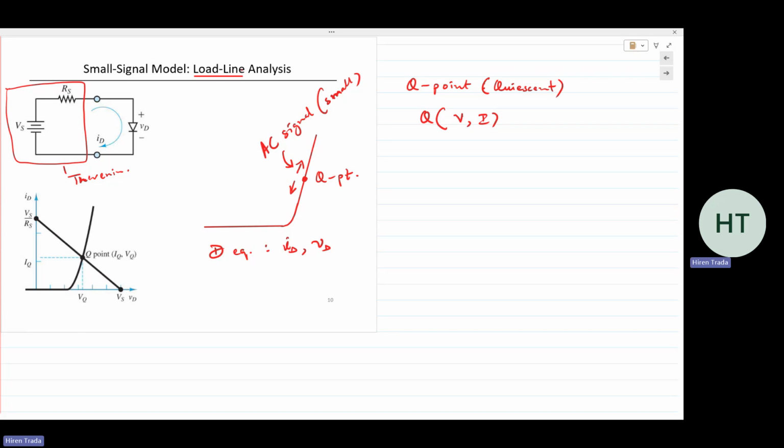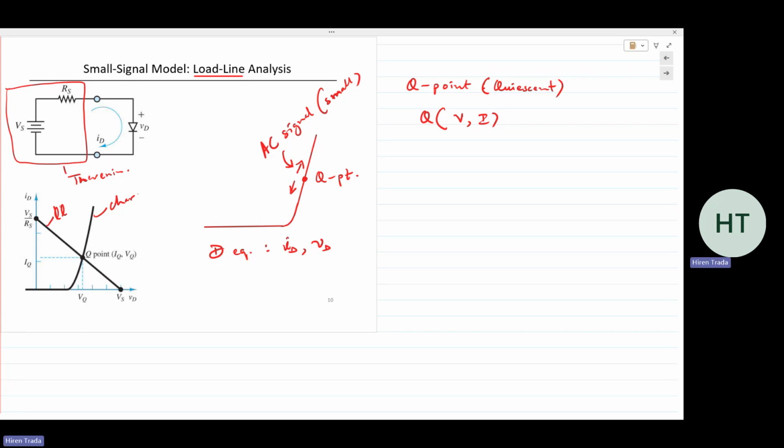We can use it for diodes, Zener diodes, transistors, amplifiers. It's a graphical analysis where we can solve equations graphically. Since we have two variables, we need two equations, two graphs or two plots. We have one plot from the diode characteristic, and then this is the load line.